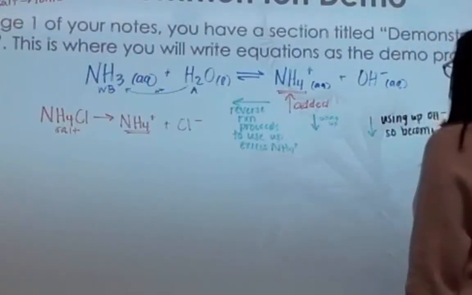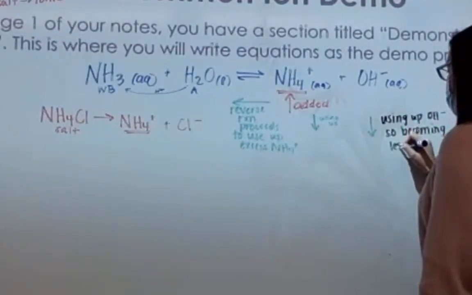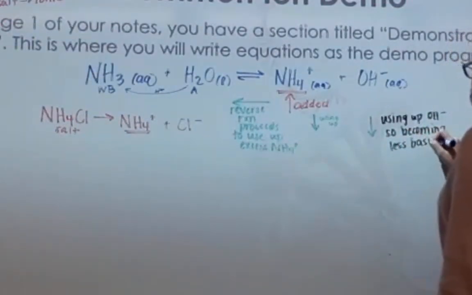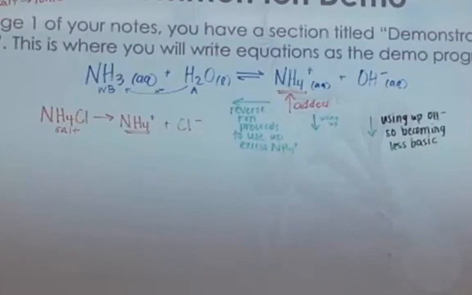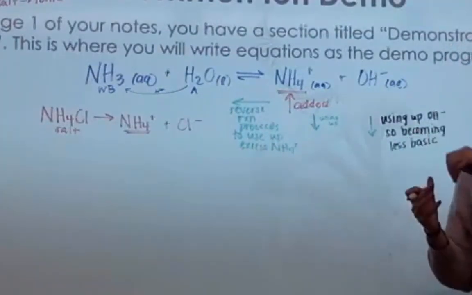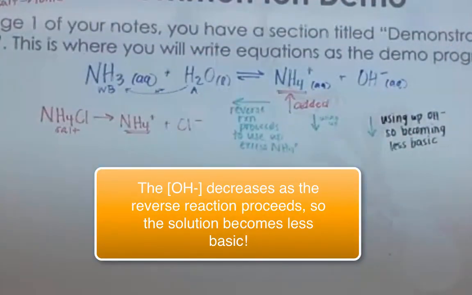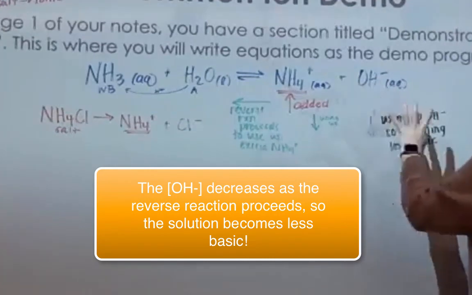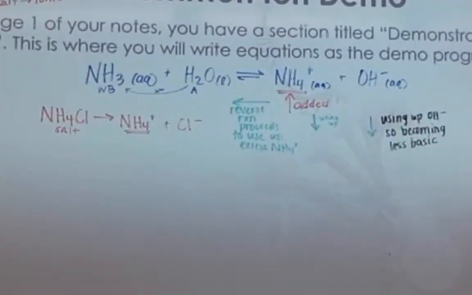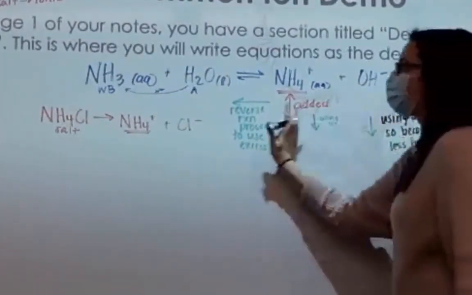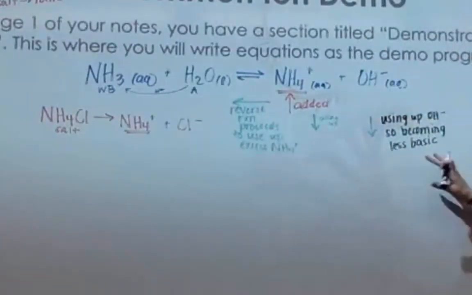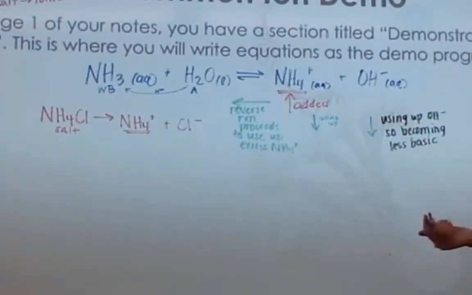So the solution is becoming less basic. And I know it's weird to think about that, but since we're using up the OH-, we're using up what makes this a basic solution. So as we're using up the OH-, as the reaction is proceeding the other way, it's becoming less basic.